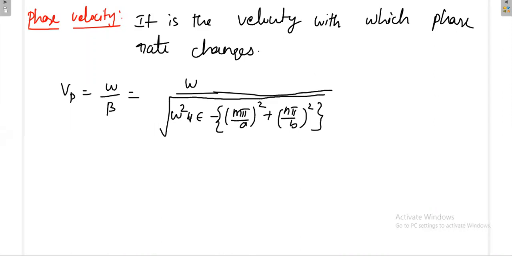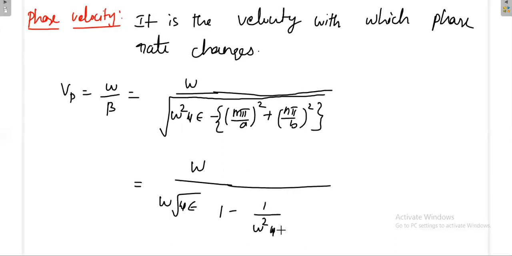Then from this, if you take omega square mu epsilon outside, you'll get omega square root of mu epsilon, then 1 minus 1 by omega square mu epsilon times (m pi by a) whole square plus (n pi by b) whole square.